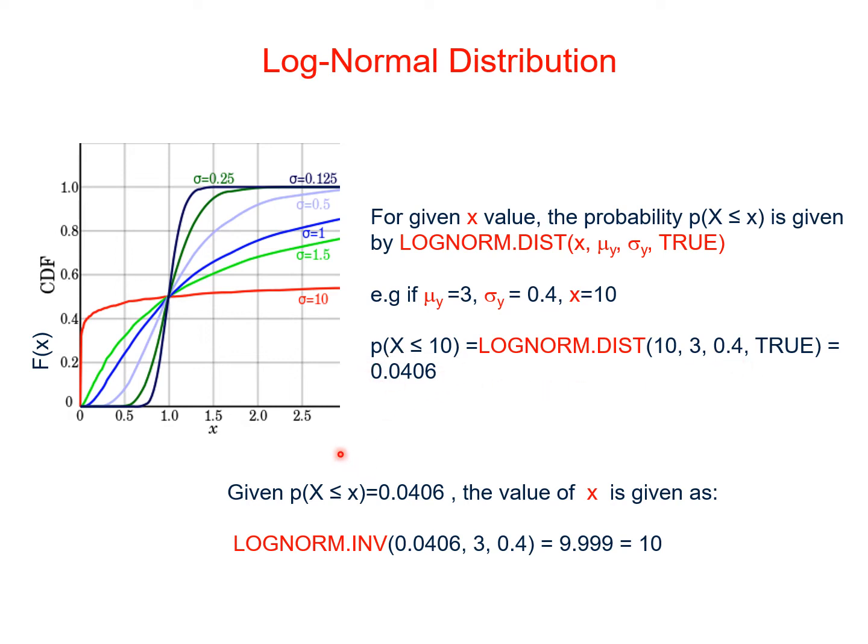But instead of that, if you know the probability, if the probability is 0.0406, what is the value of the event? Okay, what is the flood or what is the rainfall, and so on, for that particular probability. If you want to find that out, you can use the log normal inverse function with the probability, mean and sigma, and then you can get that particular value.